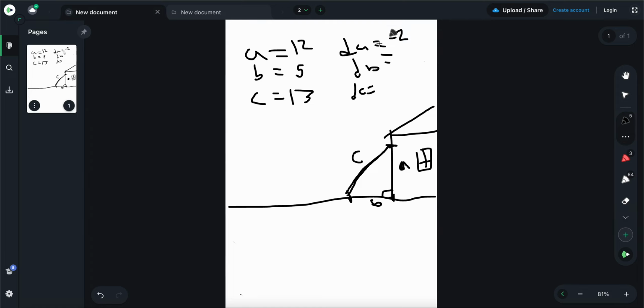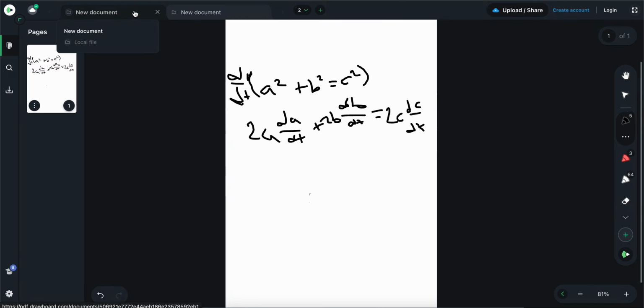So our dA/dt is going to be -2. And we can also say what dC is, because the length of the ladder isn't changing. The ladder wouldn't ever grow or shrink as it falls down, so dC/dt is 0. Over time, the value of C, the length of the ladder, doesn't change at all.